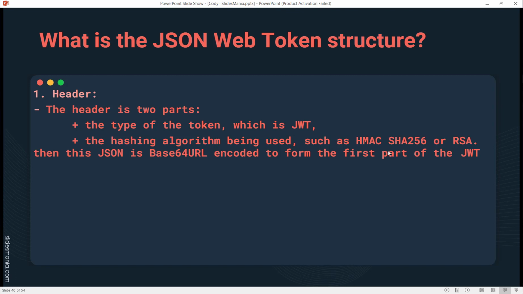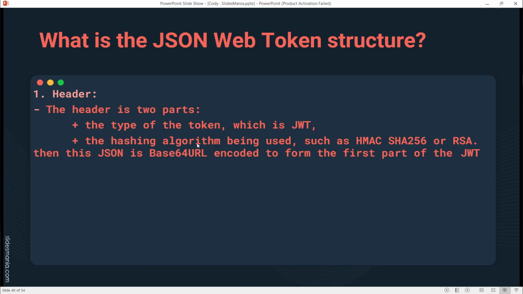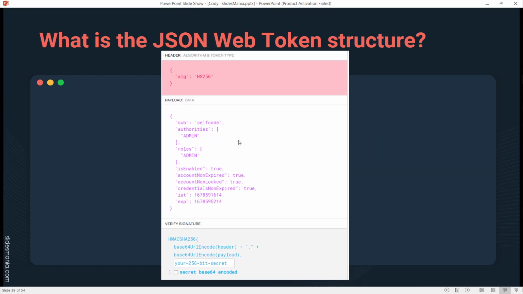This is then Base64URL encoded to form the first part of the JWT. Here you can see the algorithm used for the hashing to encode.